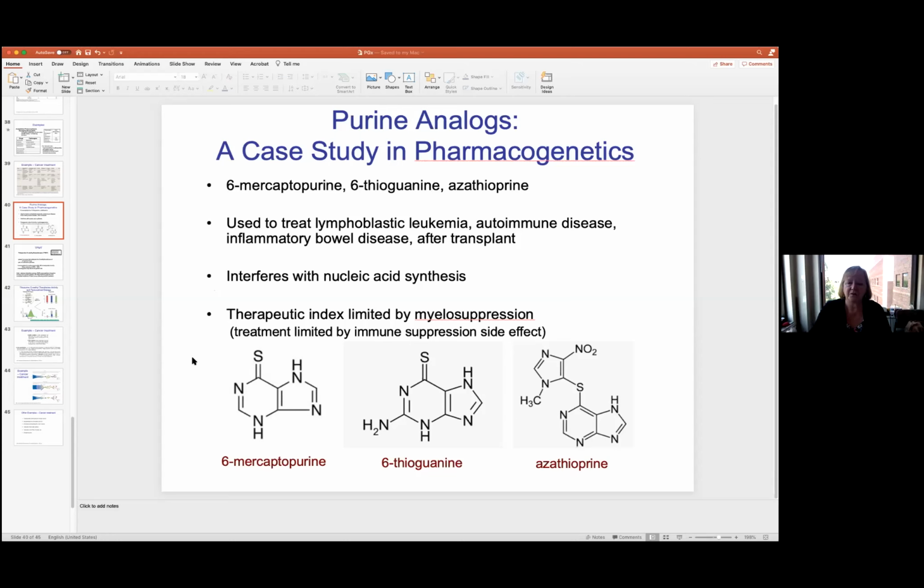But the therapeutic index is limited by the myelosuppression. So in some cases, you want immune suppression, but you don't want so much immune suppression that your patient is going to die of the next infectious disease that blows through the building. Okay. But these 3 drugs, and you can see by their similarity to different building blocks in DNA, you can see how these would interfere with nucleic acid synthesis.